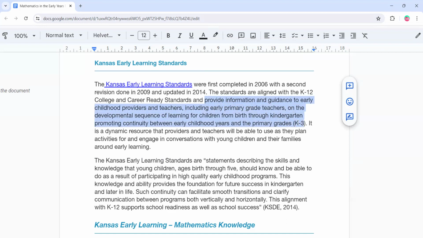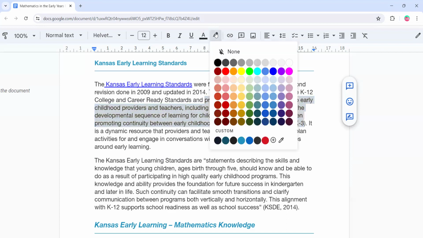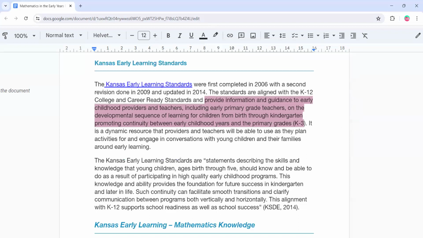This is important; this is the purpose of the Kansas Early Learning Standards. It is a dynamic resource that providers and teachers will be able to use as they plan activities for and engage in conversations with young children and their families around early learning.